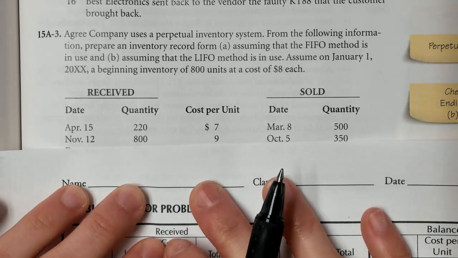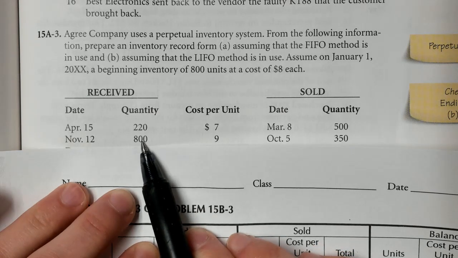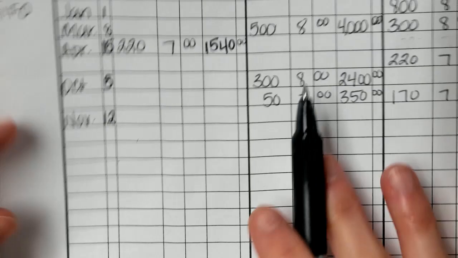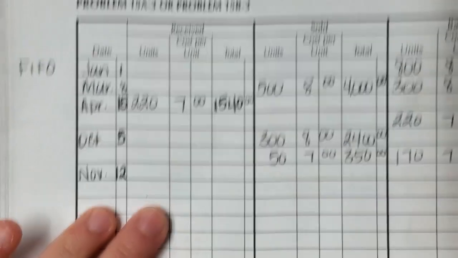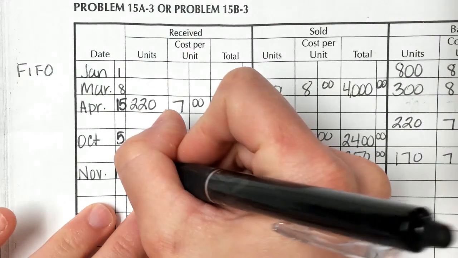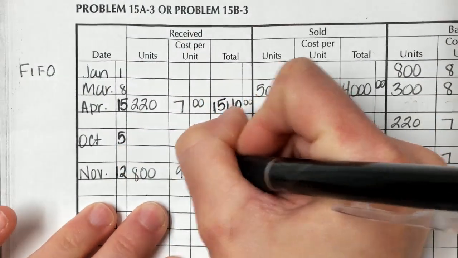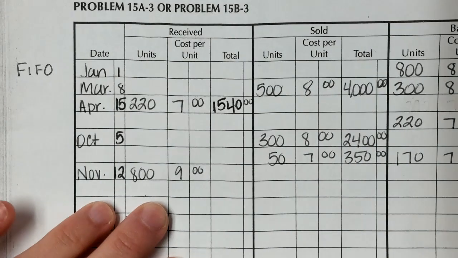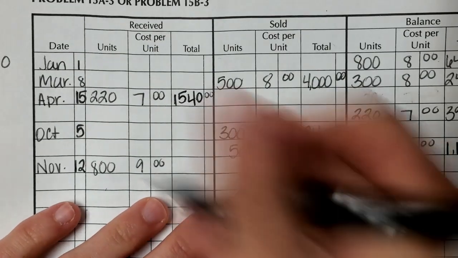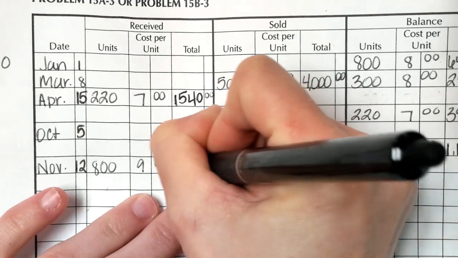Right, you can see that right here. 800 units at $9 a unit. So again, find your received column. 800 units, $9 a unit. It should bring you to 7,200.